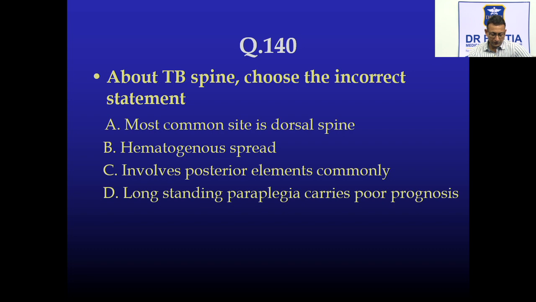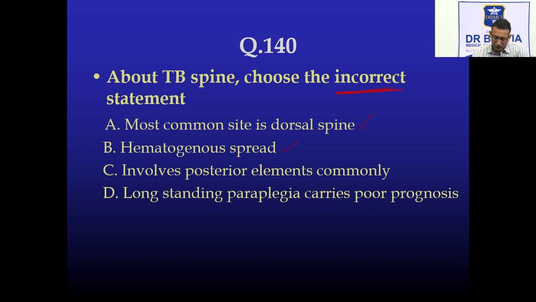So, question number 140, true about TB spine, choose the incorrect statement, the wrong statement we are supposed to select. So, we all know dorsal spine is the most commonly involved site in the tuberculosis of the spine, in the Pott spine, and the organism spreads to the spine through the hematogenous route. Okay.